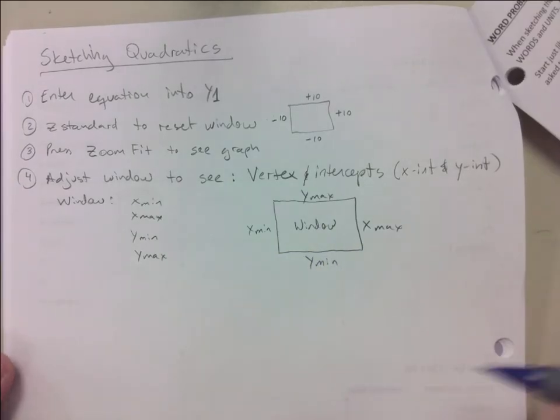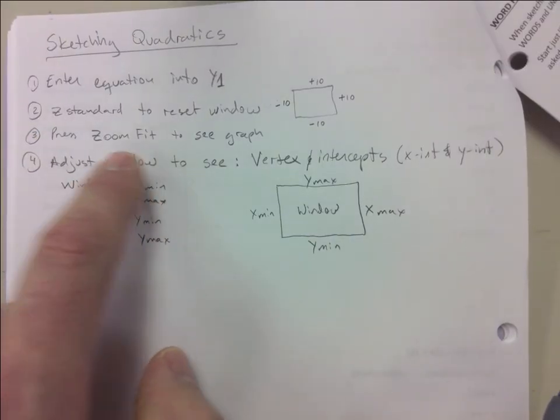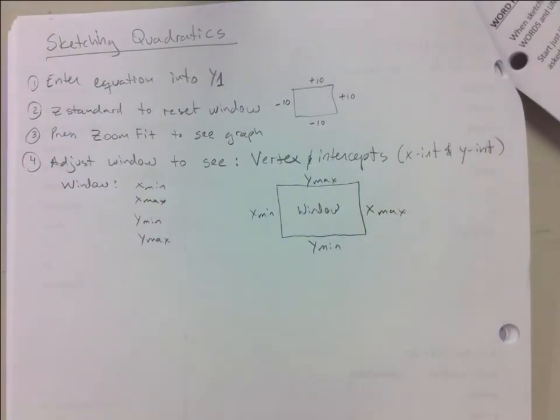Okay. So that's one thing that I will tell you this, guys. The numbers get pretty crazy after a while. Thousands, millions, right? So I'm going to give you big numbers. So zoom fit does a pretty good job at least letting you see some of the graph. Sometimes it does a terrible job. Sometimes zoom fit doesn't do a good job at all.